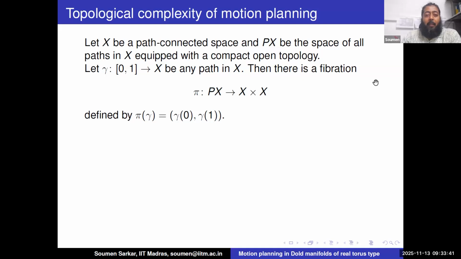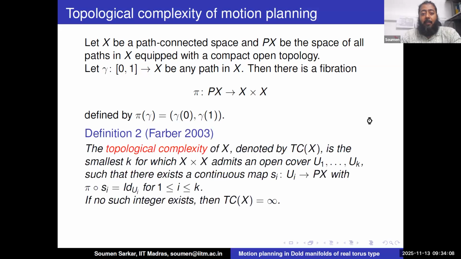If we have a topological space X, then we can consider maps from the closed interval [0,1] to X, and we call this the free path space. Naturally we have a fibration from PX to X cross X, sending a path to its endpoints. Farber introduced this definition.